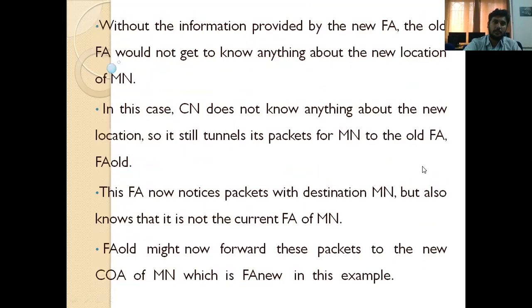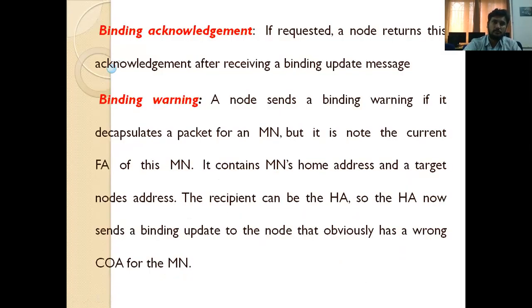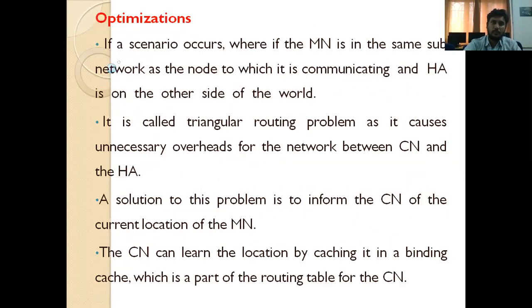This is the optimization. Optimization means identifying the address of the mobile node. Here the problem is triangular routing. That means the correspondent node wants to send a data packet to the mobile node, but the mobile node changes its location frequently, so it's a bit difficult for the correspondent node to transmit a data packet.